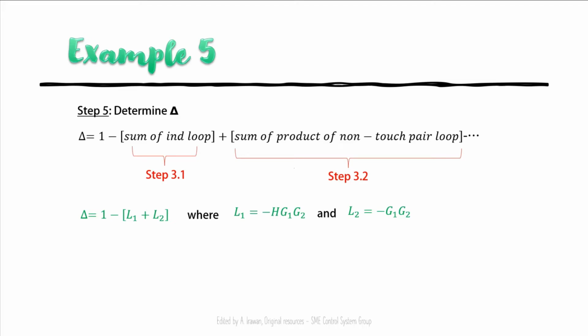So we have loop 1 and loop 2. We need to sum loop 1 and loop 2, both loops, in this equation. The summation means you sum the multiplication of the gains according to the loops. And then we can get the equation for delta.